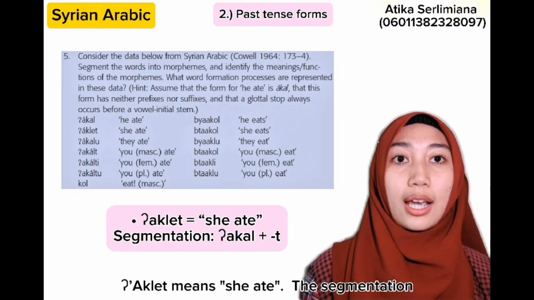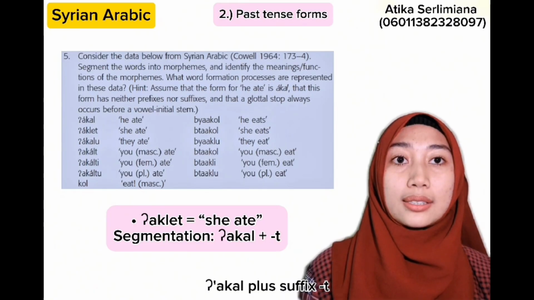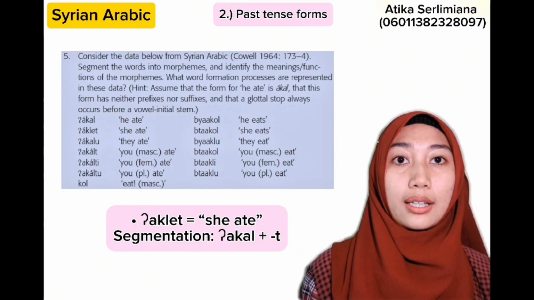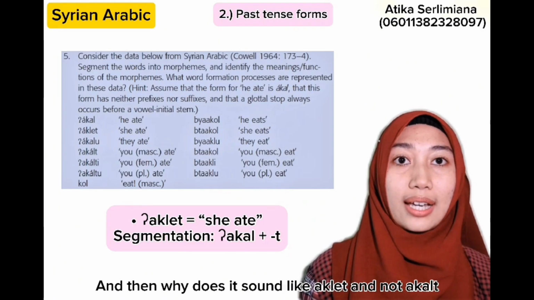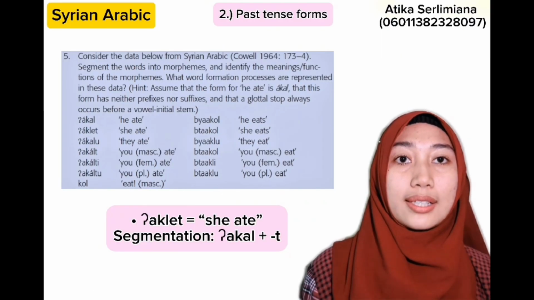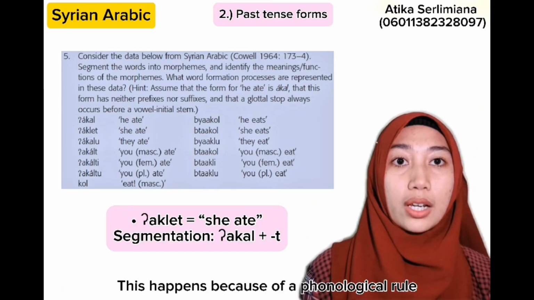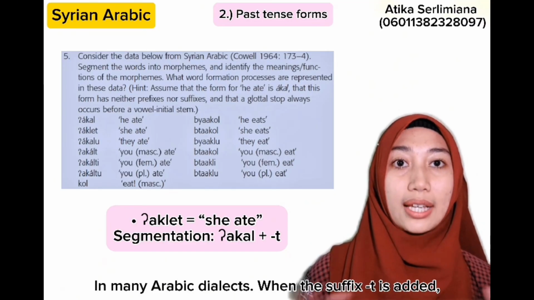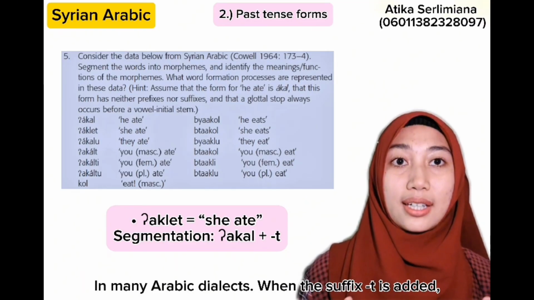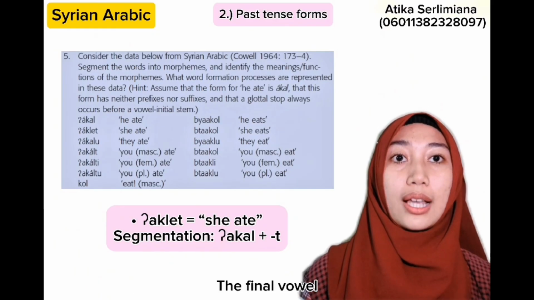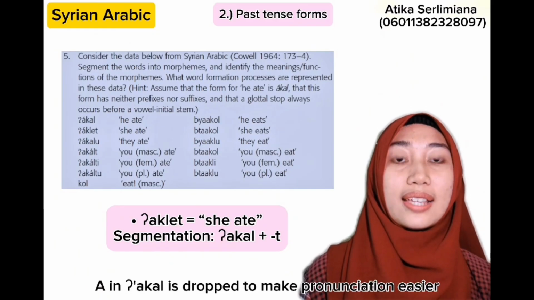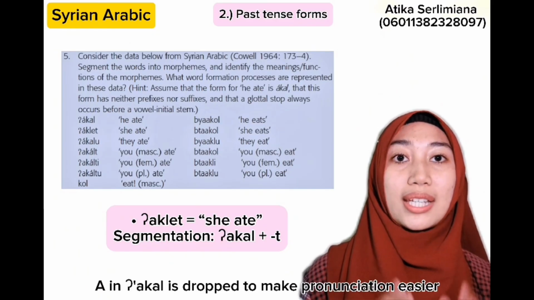The segmentation: akal plus suffix te. And why does it sound like aklet and not akalt? This happens because of a phonological rule in many Arabic dialects. When the suffix te is added, the final vowel a in akal is dropped to make pronunciation easier.